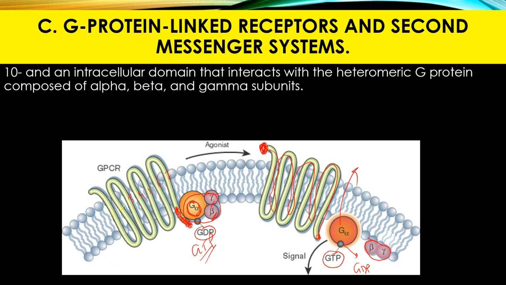Now G alpha is in separate, activated form, but in the inactivated form the 3 subunits, G alpha, G gamma and G beta, are always together. But when it is attached with GTP, it gets separated from beta and gamma.